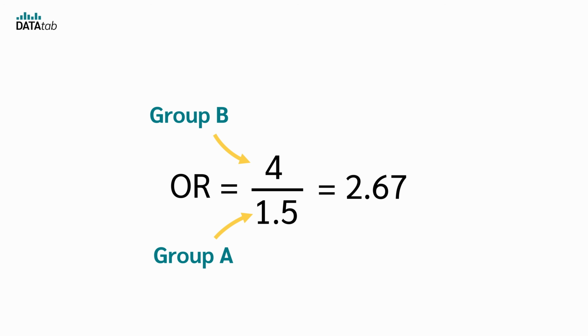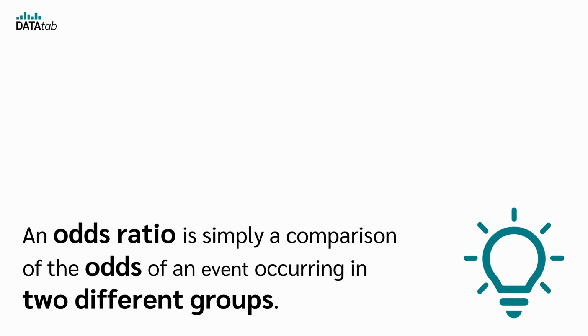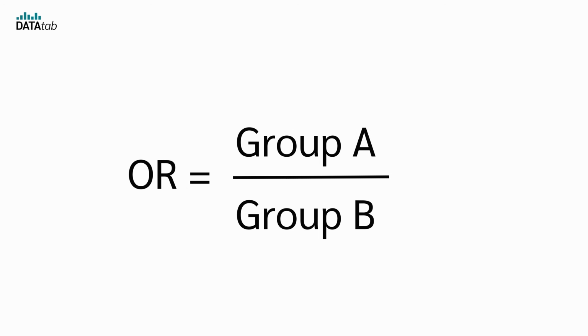Then the odds ratio would be the odds in group B divided by the odds in group A. In this case, the odds ratio of approximately 2.67 means that the odds of being diseased in group B are 2.67 times higher than the odds of being diseased in group A. So an odds ratio is simply a comparison of the odds of an event occurring in two different groups. The odds ratio indicates how much more likely the event is to occur in one group compared to the other group.